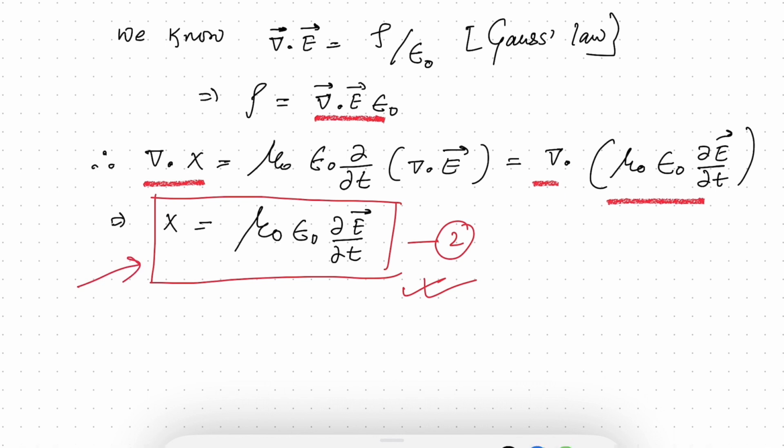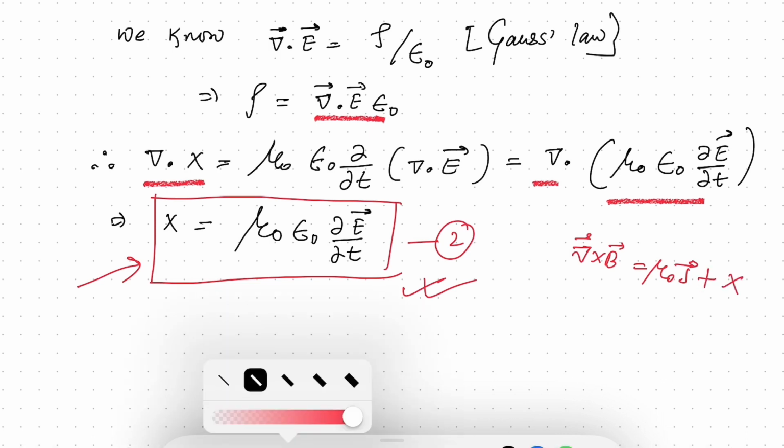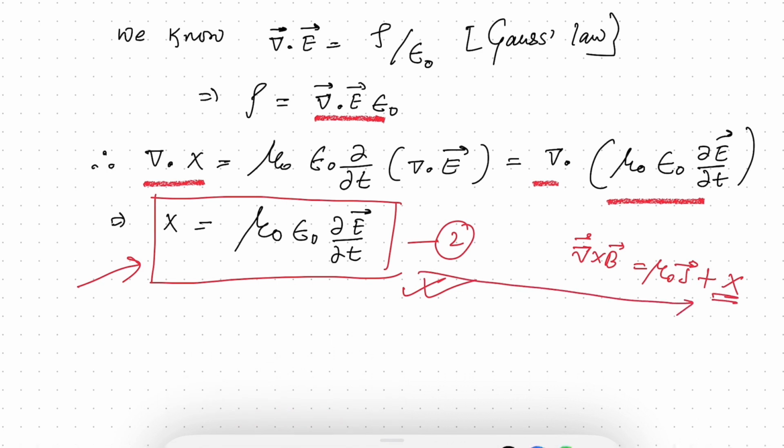Equation number 1 was that curl of vector B is equal to mu naught J plus X. So here we're going to put the value of X from equation number 2.